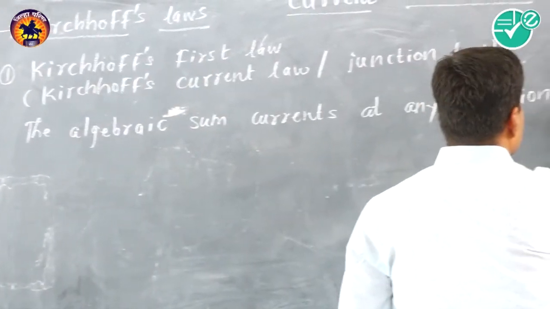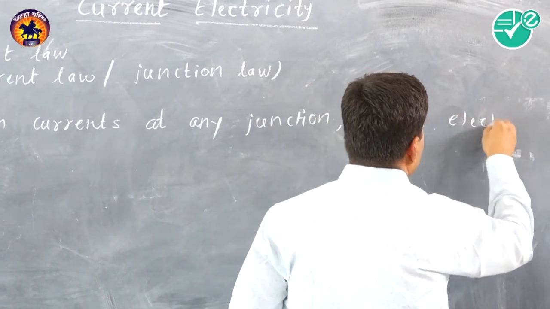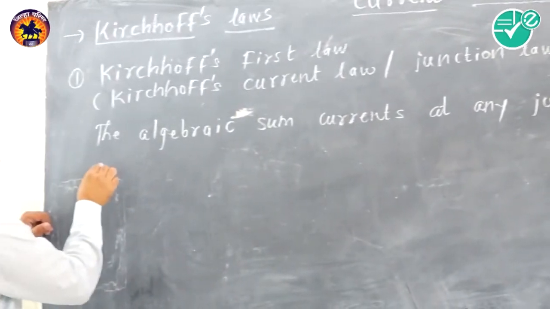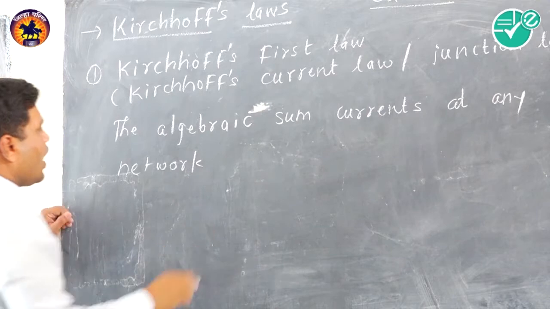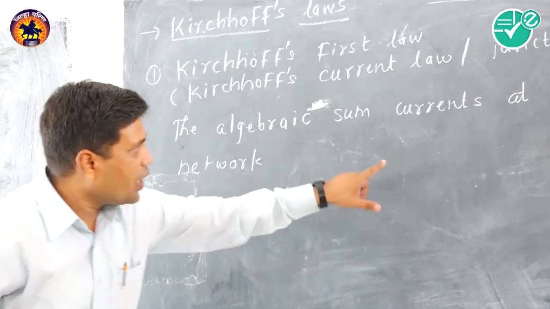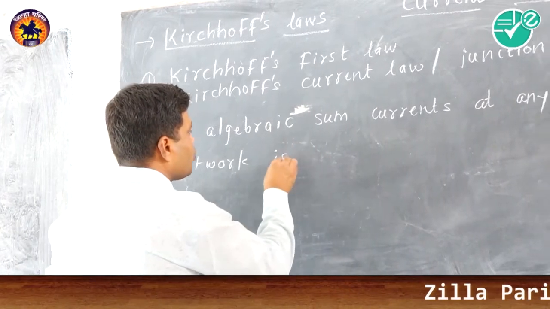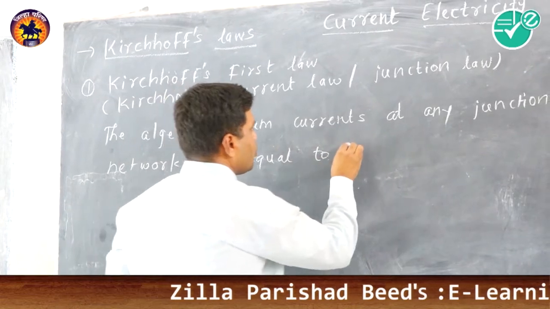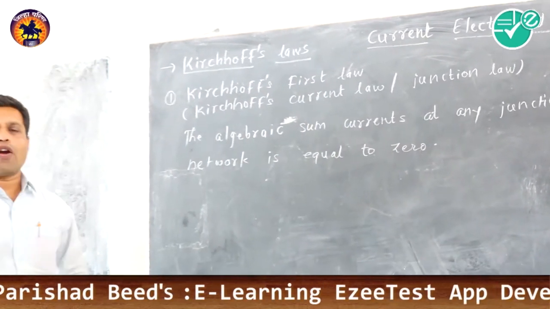In a given electric circuit, or you can say electric network, is equal to 0. This is the statement of Kirchhoff's first law.